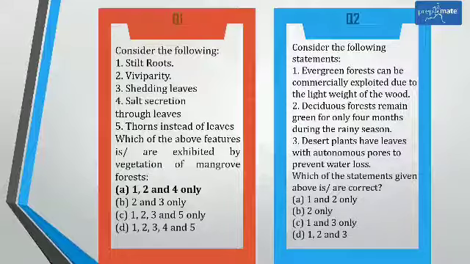Option A is 1 and 2 only. Option B, 2 only. Option C, 1 and 3 only. Or option D, all of the above. Here, the correct answer is B, 2 only. Statement 1 is incorrect because the wood of evergreen forests is heavy in weight and cannot be commercially exploited. Statement 3 is incorrect because desert plants have thorns instead of leaves to prevent water loss.